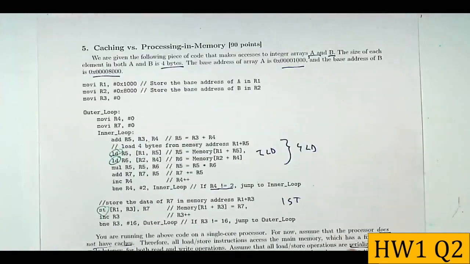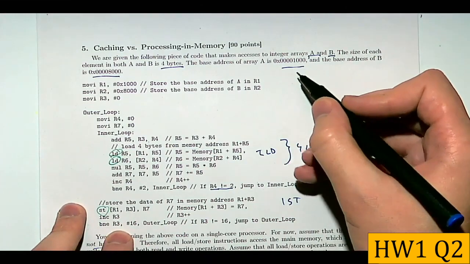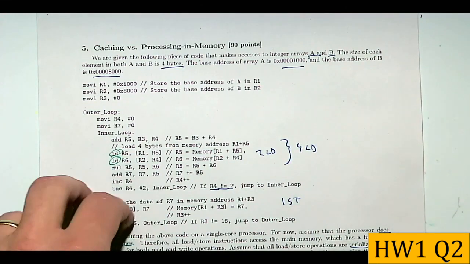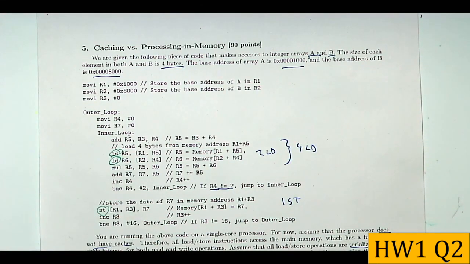So then if we look at the base addresses here to determine where in this cache the first elements of A and B will map, we can first find out which bits of the address tell us the entry in the cache to access, right?